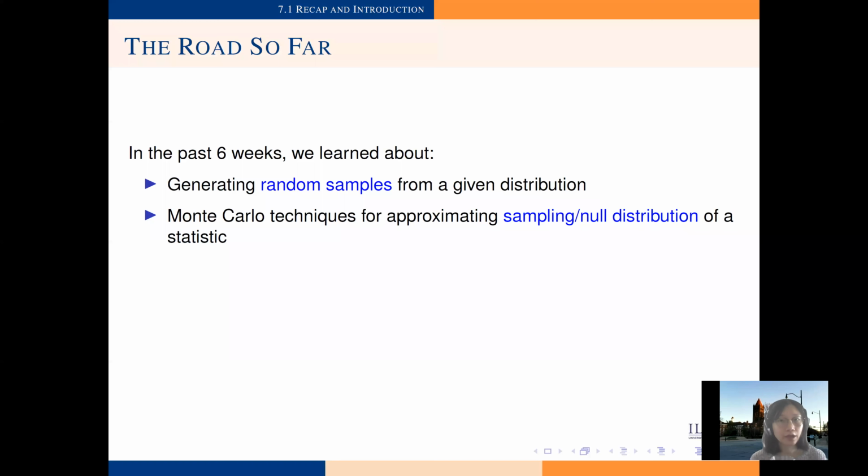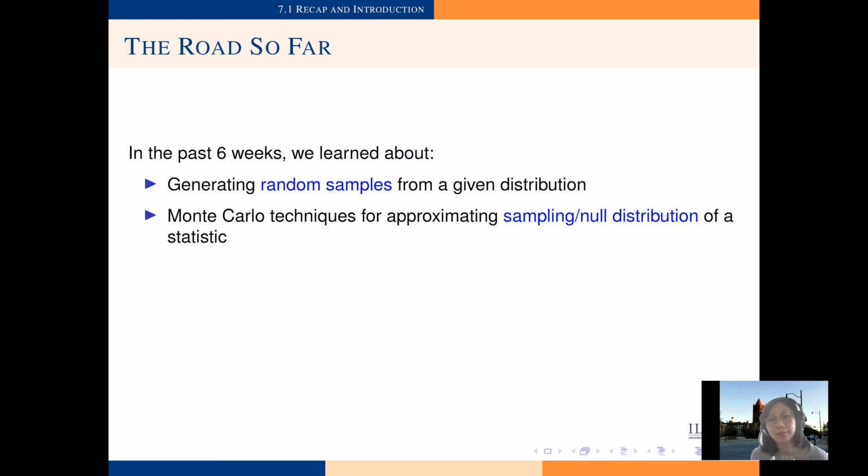So when we know the underlying distribution of x, our samples, then we can draw directly from x and then simulate the test statistic or the estimator, so the statistic we have. And then the random values that we have obtained for the statistic will approximate the sampling distribution of this statistic.